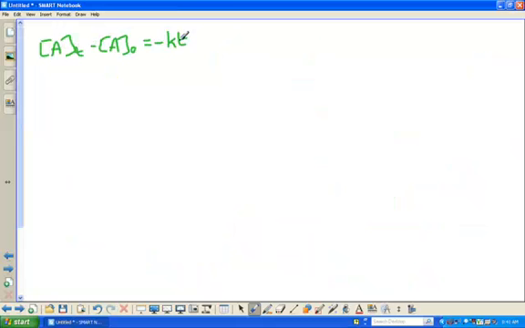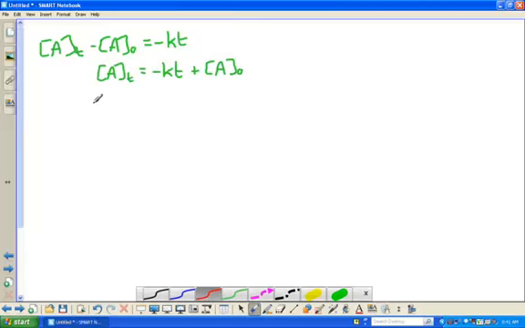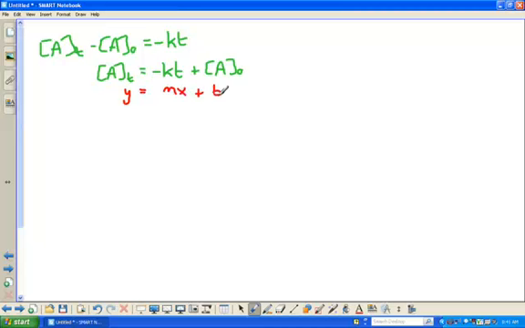Okay. If I set my a sub t by itself, I can rearrange that equation to say this. Alright? And what that means is I now have something that looks like the equation of a line. y equals mx plus b.